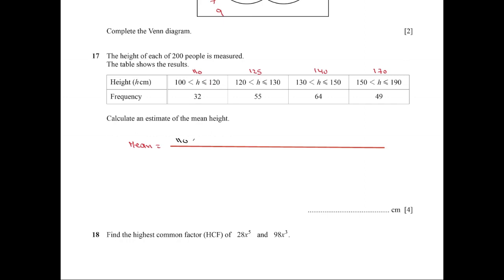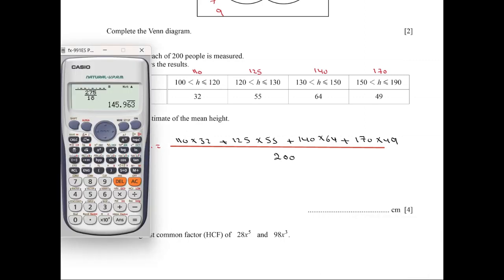To find the mean, it equals 110 times 32 plus 125 times 55 plus 140 times 64 plus 170 times 49, divided by 200, which is the total number of people.